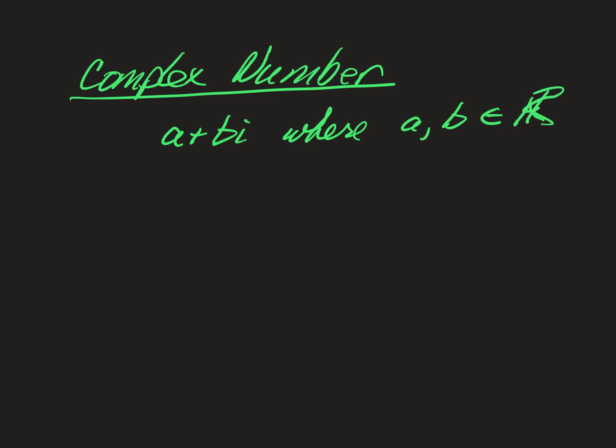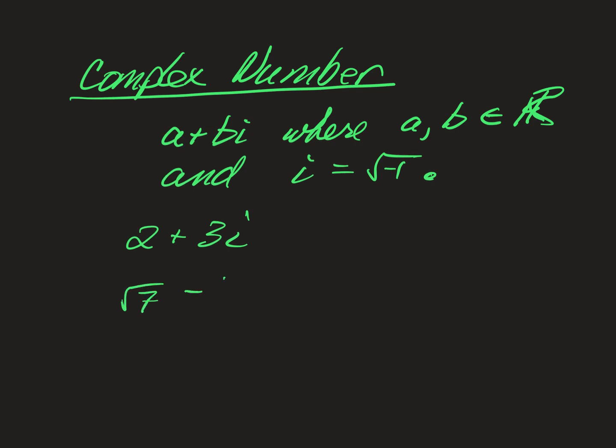Real numbers, all right? And i equals the square root of -1. So examples of complex numbers could be 2 plus 3i, square root of 7 minus 4i, okay? Pi plus pi over 4i. Those are examples of complex numbers.